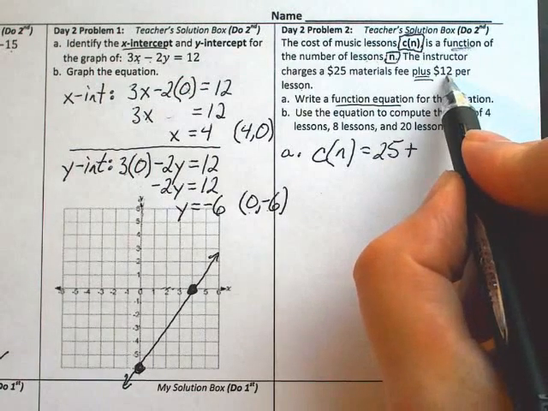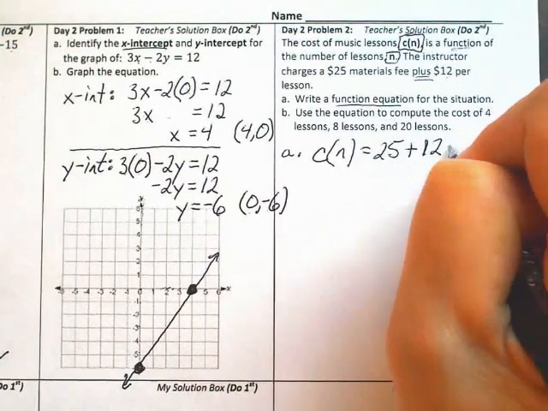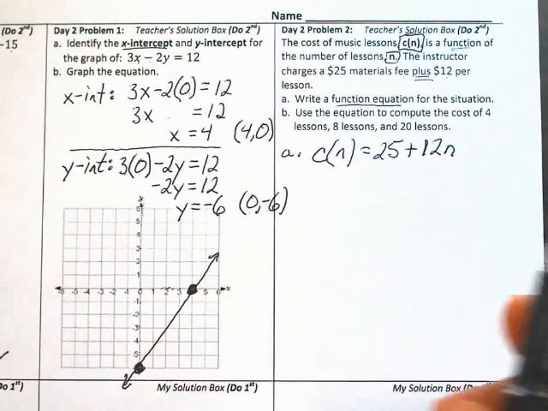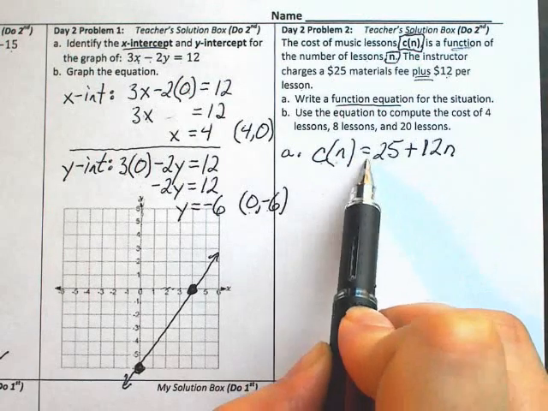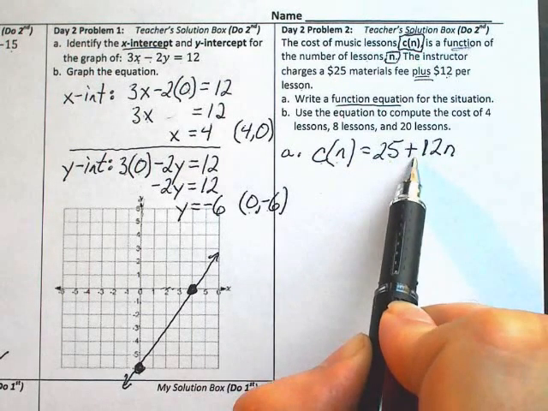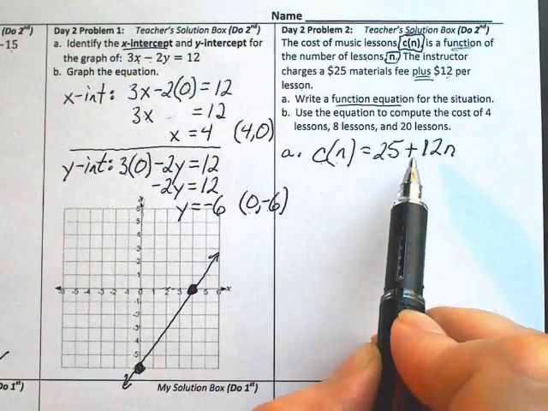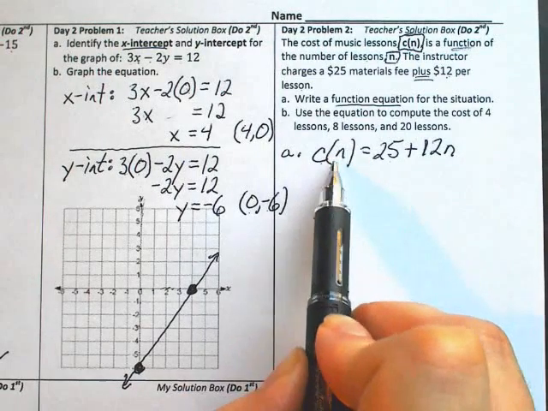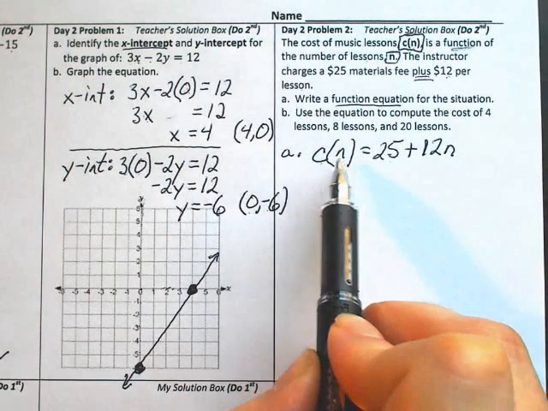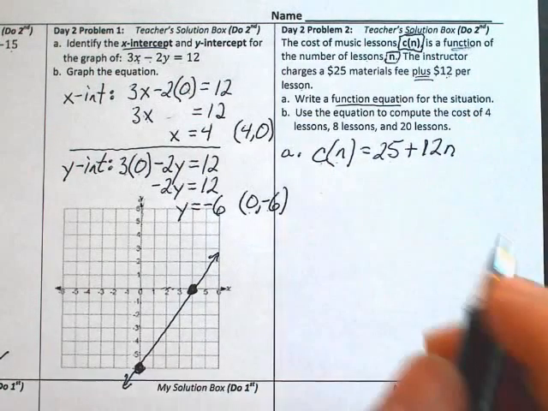And so showing in symbols $12 per lesson could be written as 12 times n. And so this equation, C of n is equal to 25 plus 12n, is a function equation. This symbol right here with the C and the parentheses and the n is called function notation. This is a function equation for our situation.